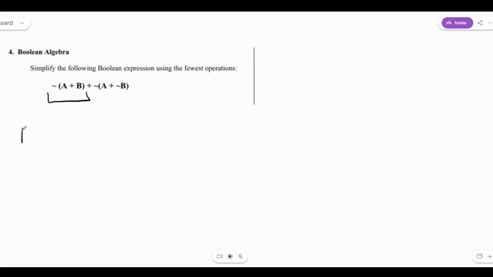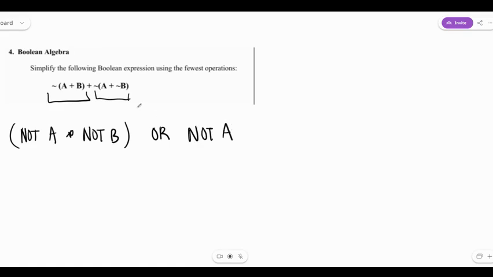So this becomes not A and not B. And here, again, since we have a not on the outside, we can apply De Morgan's law again to be not A. And then now we must change the or to an and. And we have not of not B, and we know that this is simply B.